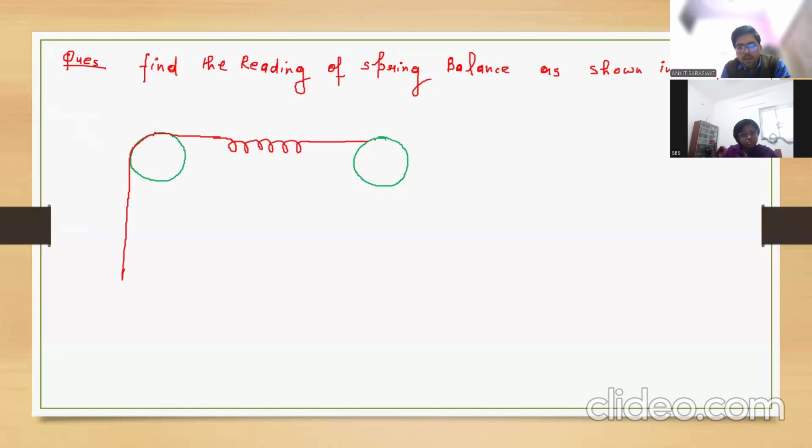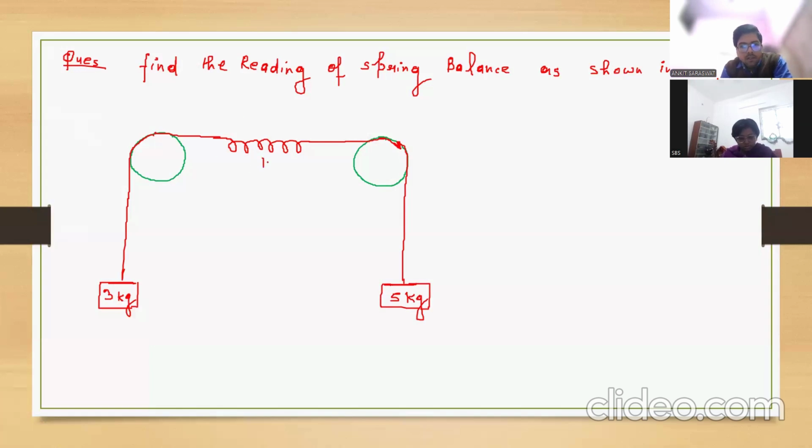And like this, the diagram. Mass is attached like this. This is 3 kg mass, 5 kg mass. Clear? Yes.